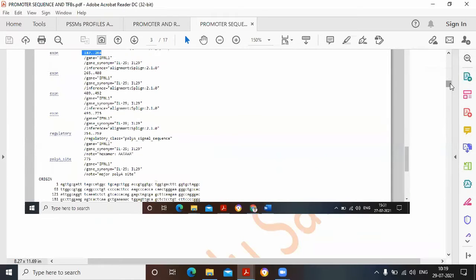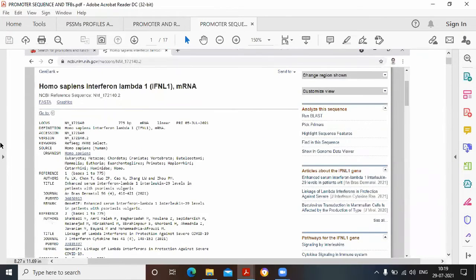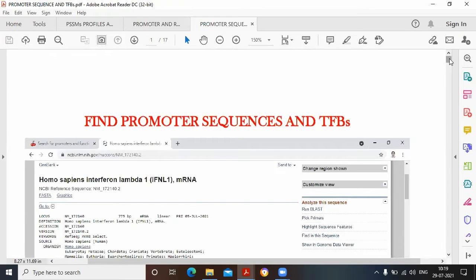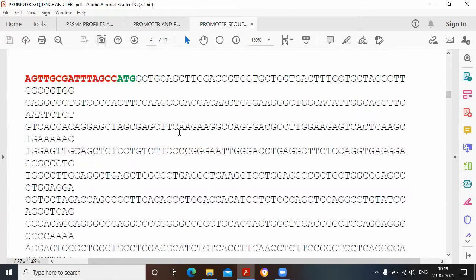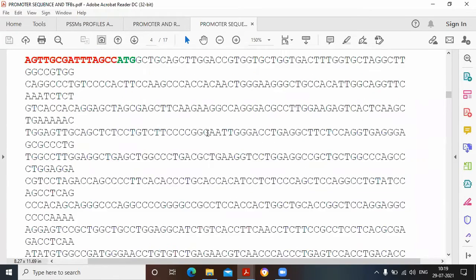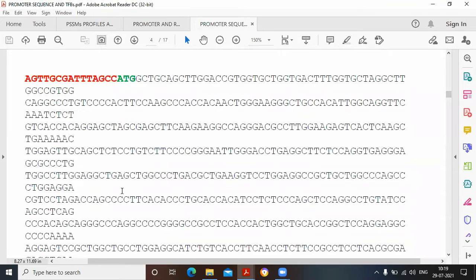If we look at the first part when you are opening the NCBI, if you click on this FASTA, you are going to get the sequence of the mRNA in FASTA format. So I got the sequence of the mRNA and I pasted it over here in one Word file, otherwise a notepad. After pasting, I got this sequence.